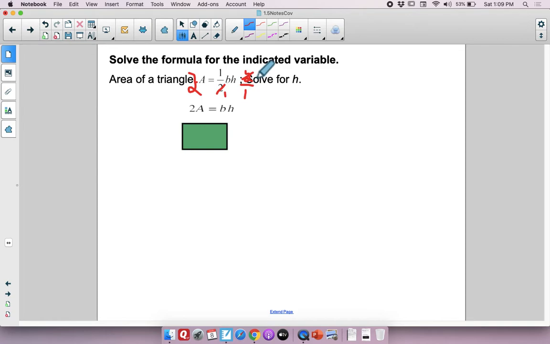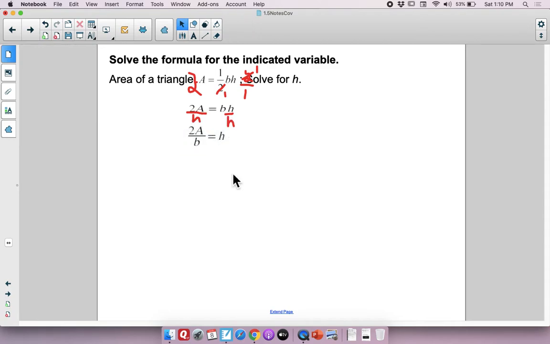And those go away. And we're left with just b times h. And over here we have 2a. And then to solve and get h by itself, what are we going to do? I'll even write it for you. Oh my gosh, how kind. Divide by b, divide by b, and we get 2a over b. Okay?